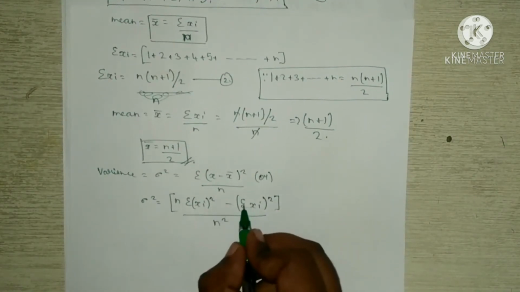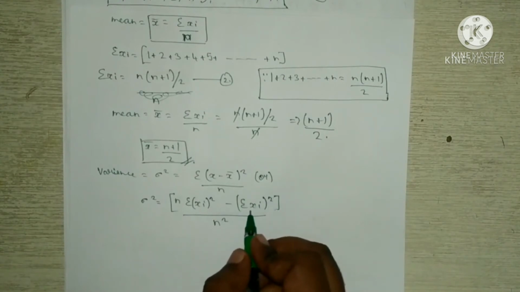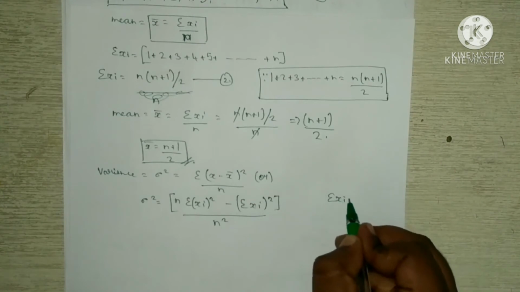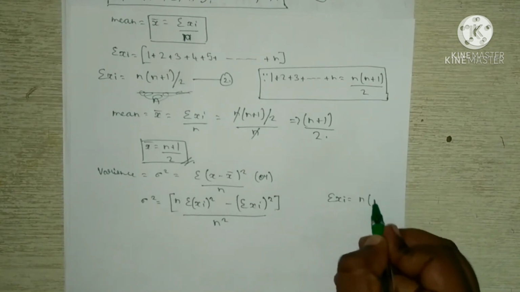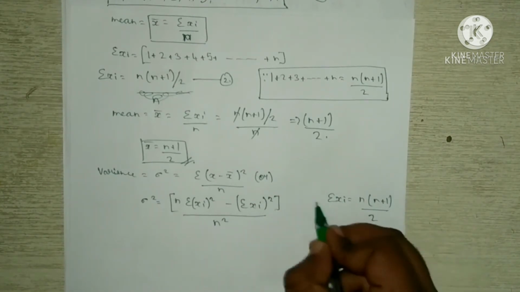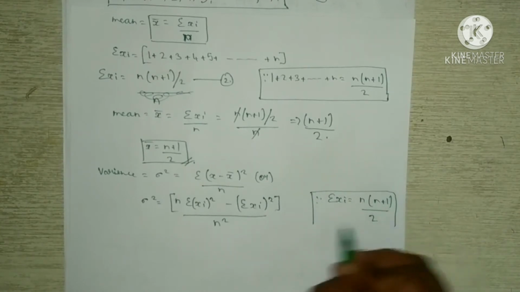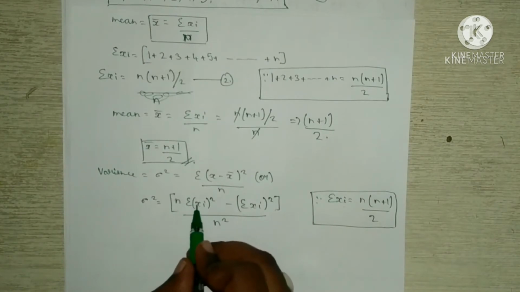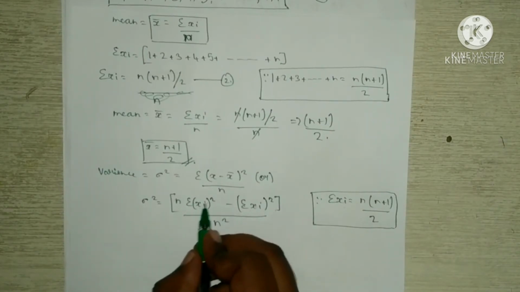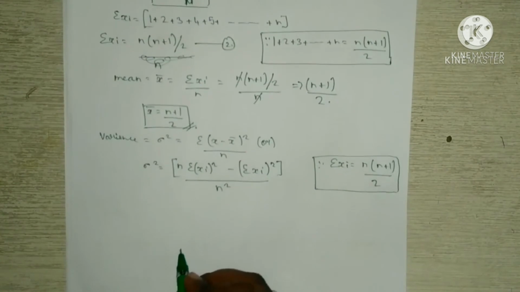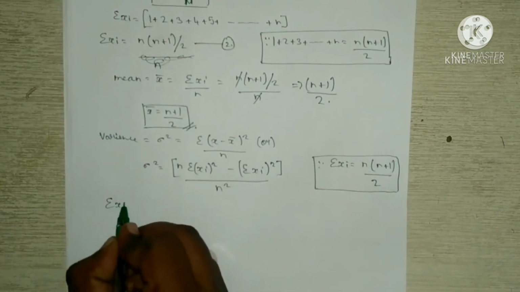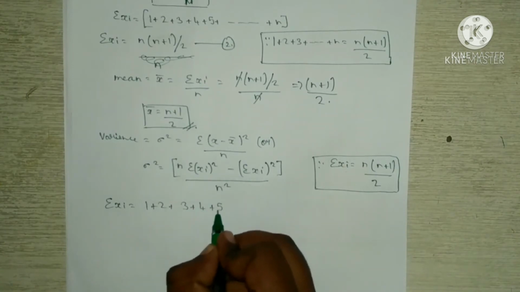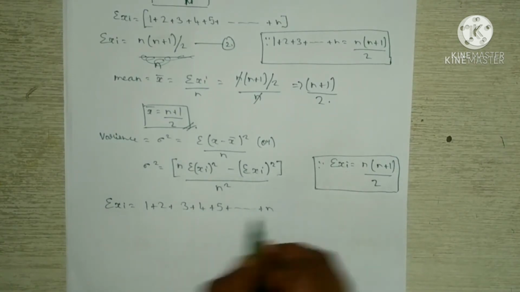Sigma xi to the whole square is nothing but this one. Sigma xi is n into n plus 1 by 2, and you can substitute it here. How to find summation xi square? Summation xi is 1 plus 2 plus 3 plus 4 plus 5 and so on plus n.